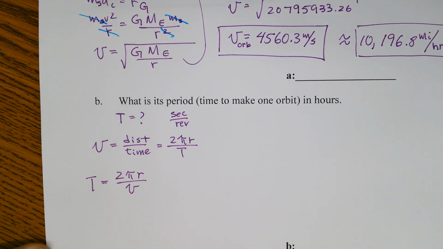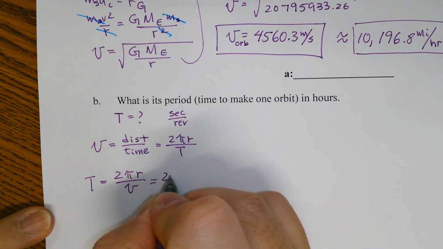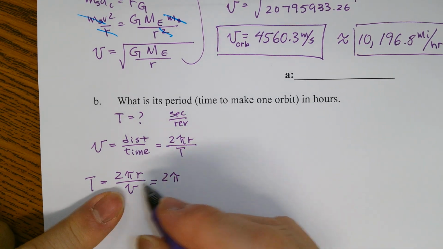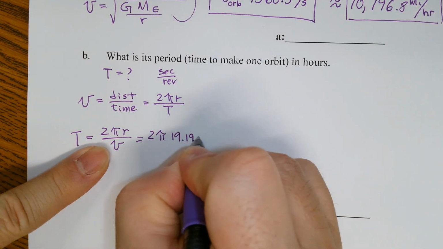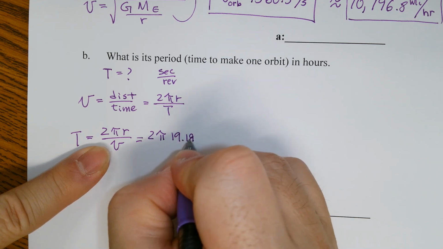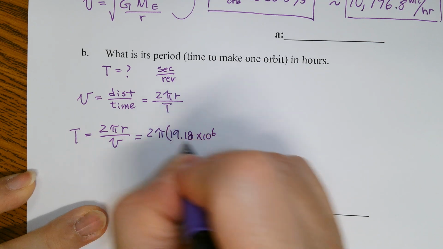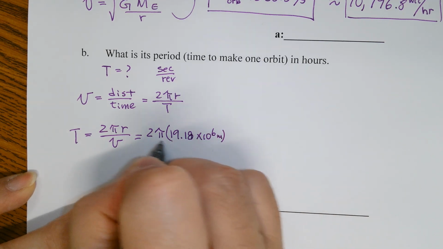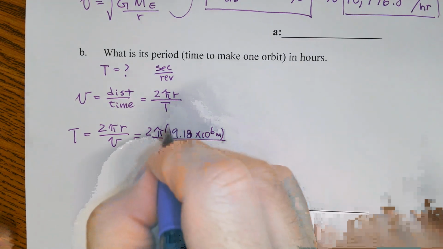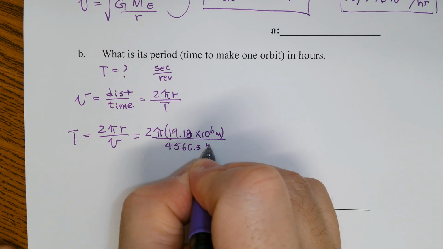Now it's just a little plug and chug. So 2 pi r is 19.18 times 10 to the 6 meters, over v, which is 4,560.3 meters per second.